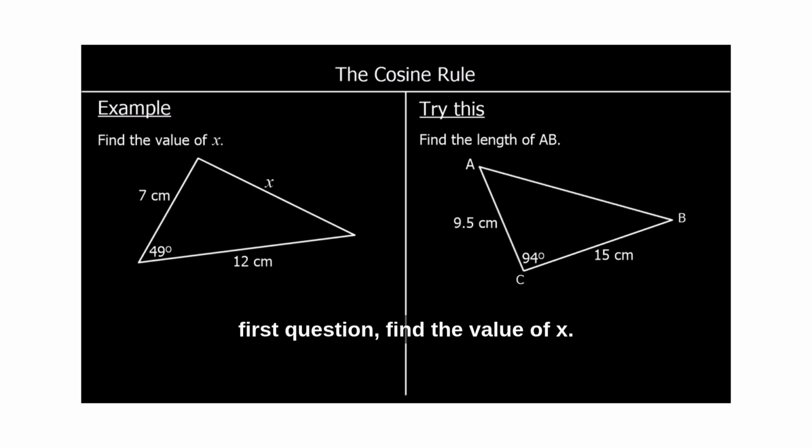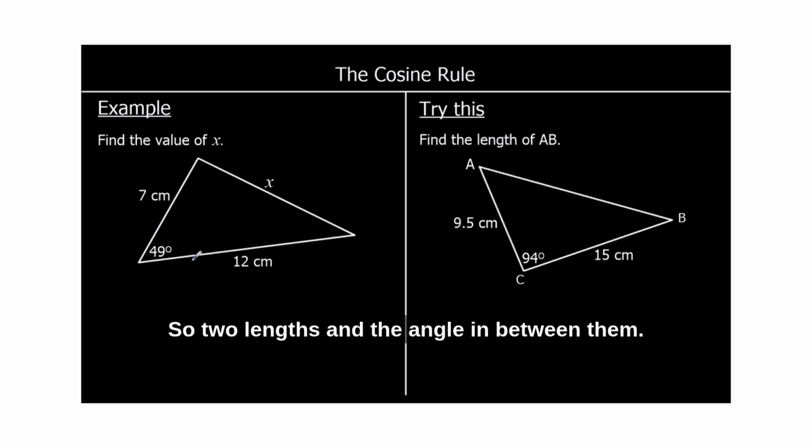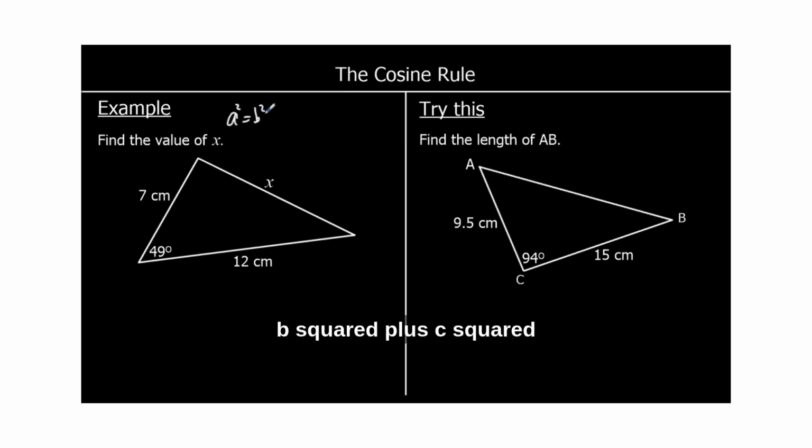The first question: find the value of x. We've got two lengths and the angle in between them. That's what we're looking for with the cosine rule. And we're finding a length, so we're going to use the rule a squared equals b squared plus c squared minus 2bc cos A. Let's label it.